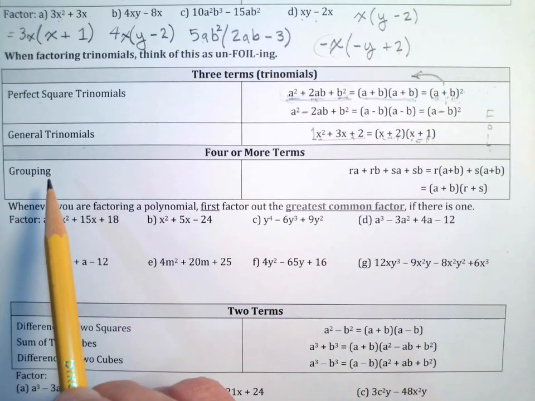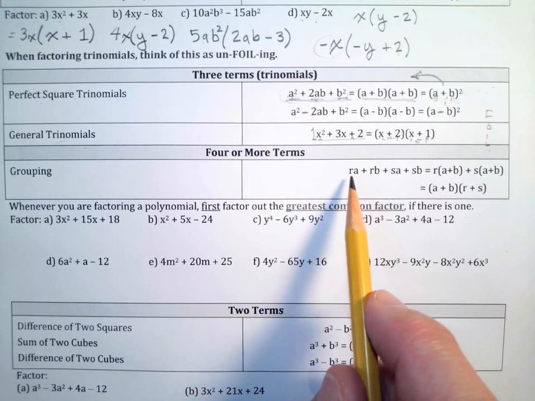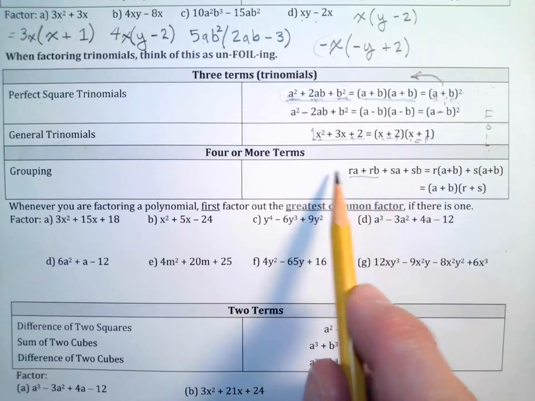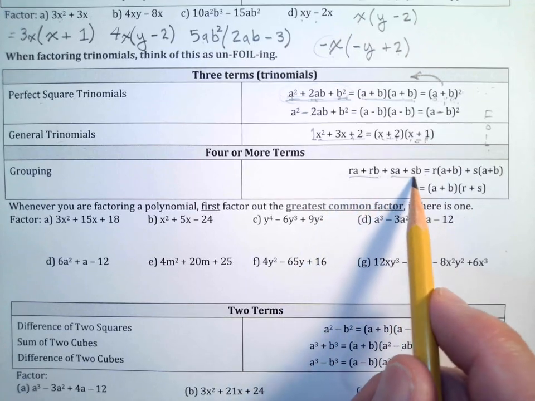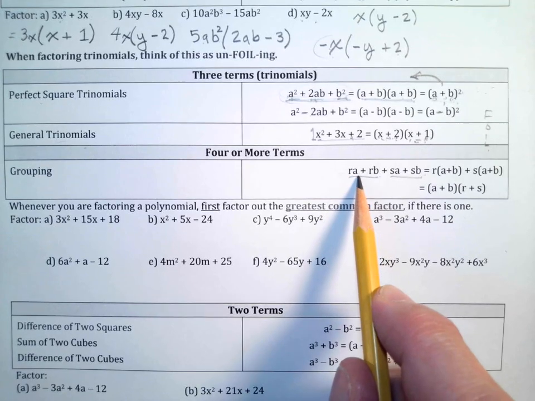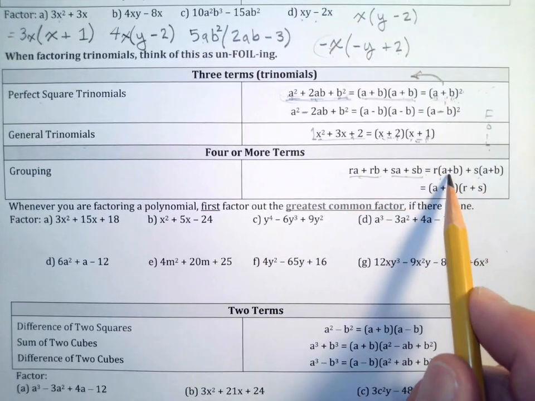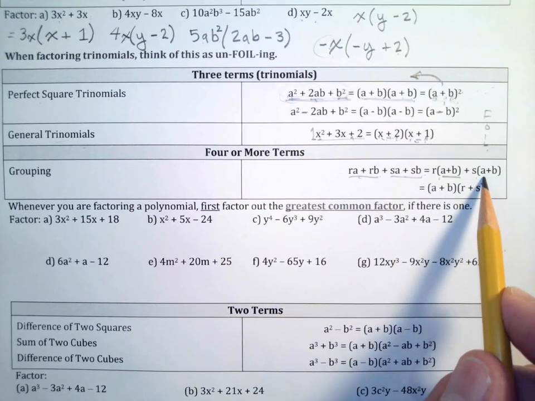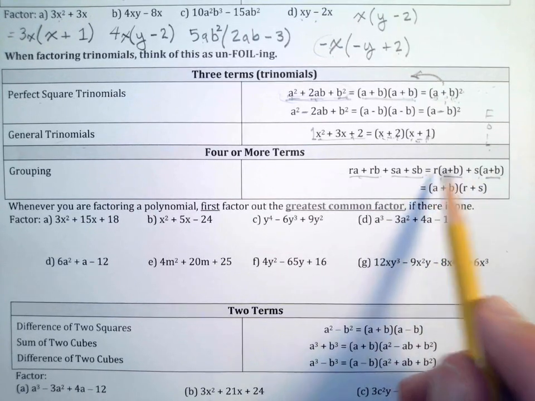And then grouping is when we have 4, usually 4, but 4 or more terms, and we look for a common factor. There is no common factor among everything, but there's a common factor in the first 2, and there's a common factor in the second 2. And so we take an R out of the first 2, and we take an S out of the next 2, and then the remaining binomials in parentheses have to be identical at this point.